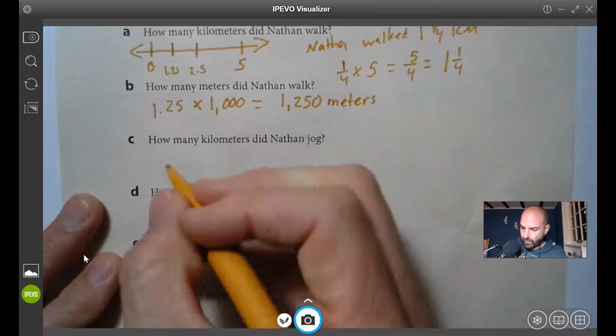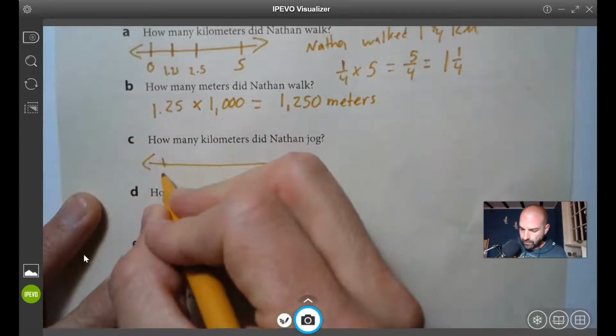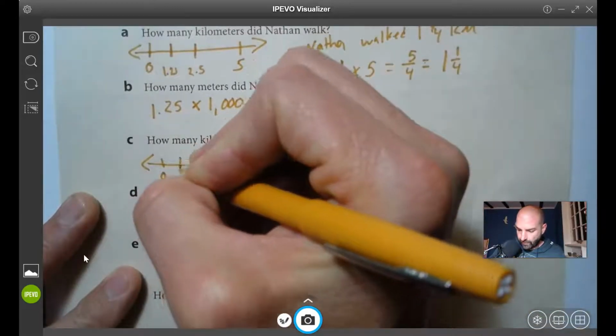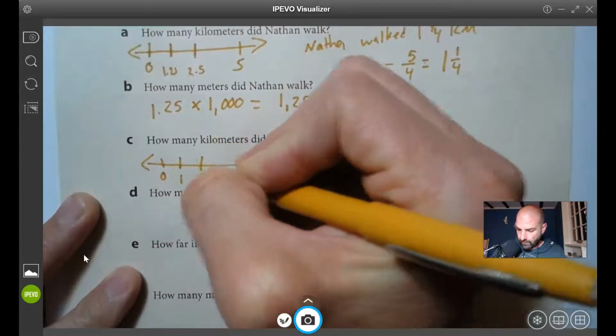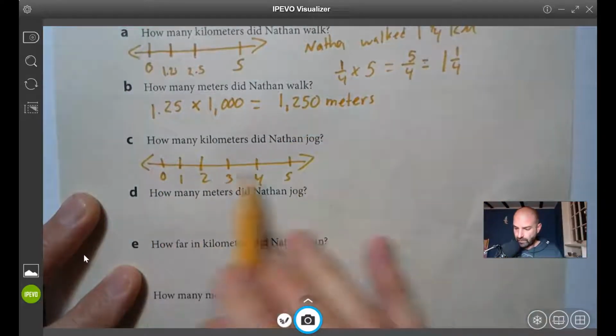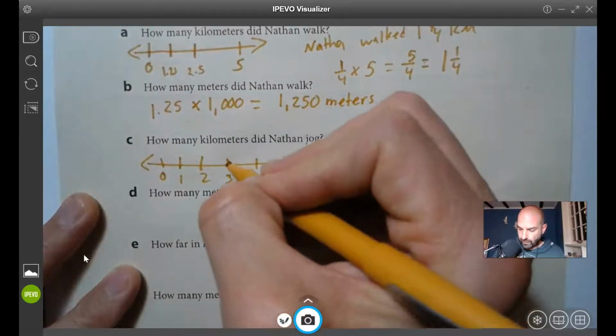All right, so now we are looking at this and thinking about this in terms of fifths. Well, what's nice about fifths is there's 5 kilometers, so 3/5 is just going to be here, right?